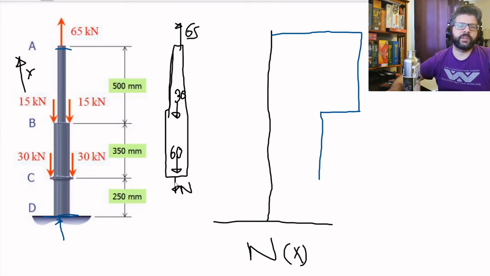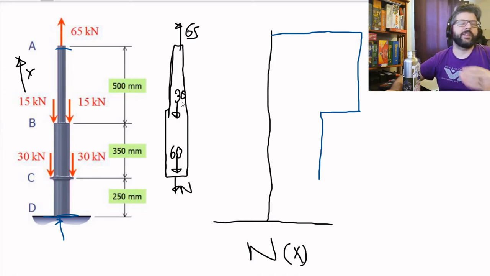I'm still going to keep the n pointed directly out of the face, because that solves for me what the sign convention is. If our n ends up being positive, then at this point we're under tension. If it ends up being negative, then it's compression. So in this instance, it's going to be negative.